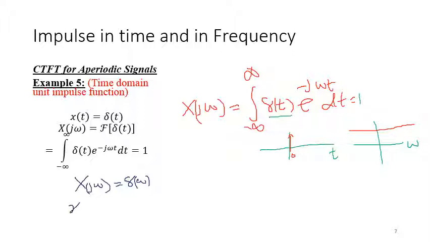So we can write that x of t equals 1 by 2 pi scaling and integration from minus infinity up to infinity of impulse of omega, and we have e power j omega t and d of omega.